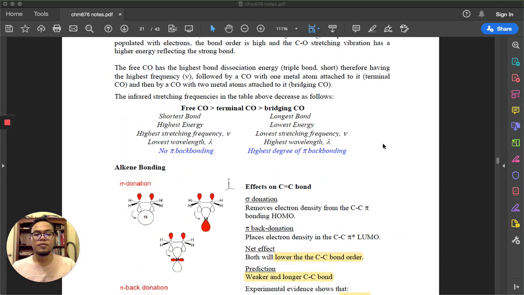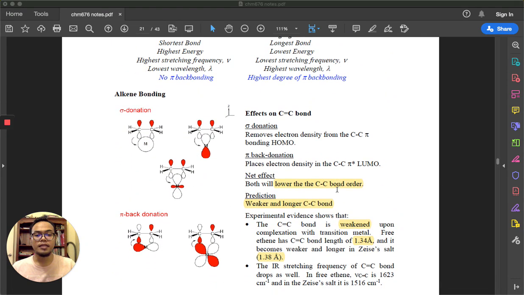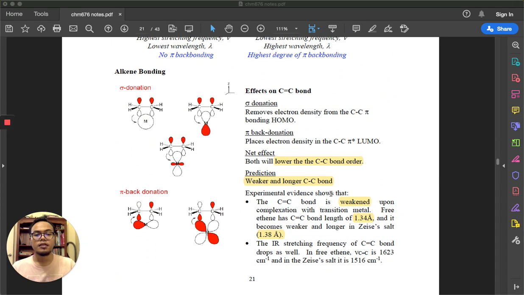So from that understanding, we can predict a weaker and longer C–C bond, because the net effect of these two processes will make your C–C bond order lower, and then the bond strength would be lower, and the bond length will be longer.